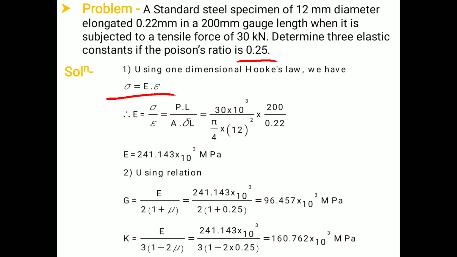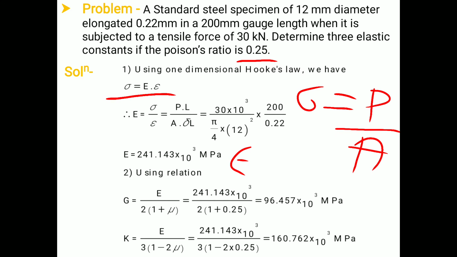Therefore, from this equation we have E is equal to sigma upon epsilon. All of you know that sigma is given by P by A, and epsilon is given by the change in length over the original length.